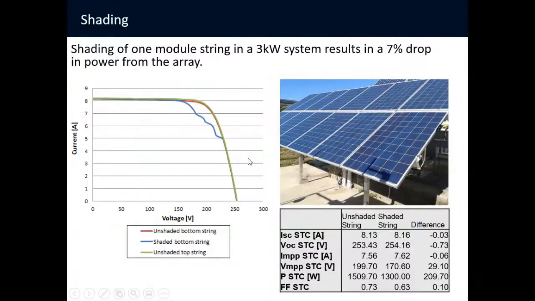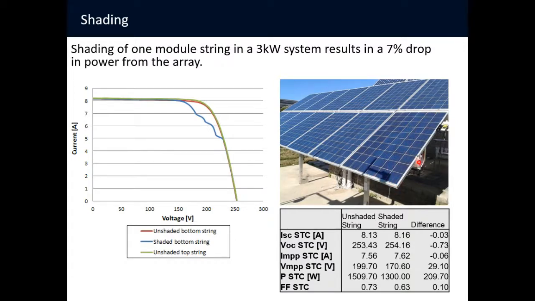Thanks, Prof. I think what had happened here is, when you look at the strings that are affected, the shading on this module is probably affecting one cell string, and in the module that's closest to us, there are now two cell strings affected.